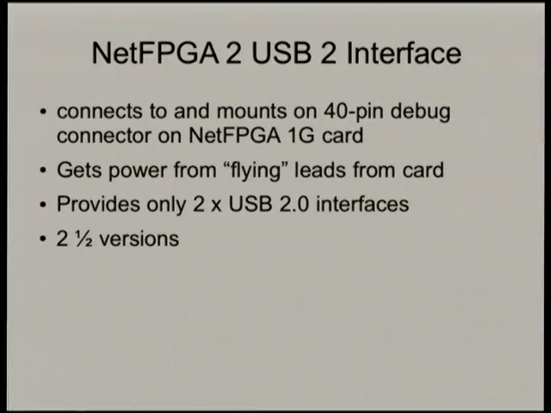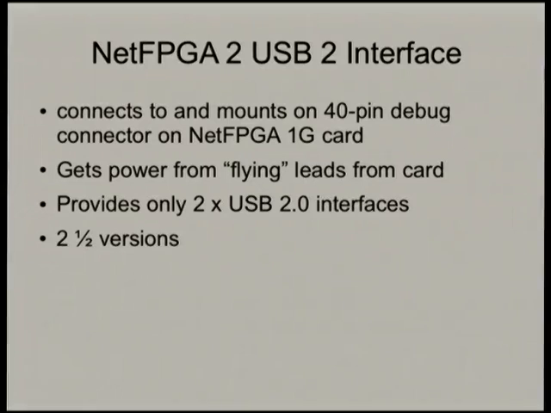You might have seen a lead which brings power. It needs 2.5 and 3.3 volts, neither of which come across the USB interface. So the 2.5 volts and 3.3 volts come off the NetFPGA board, but they don't come through the debug connector.